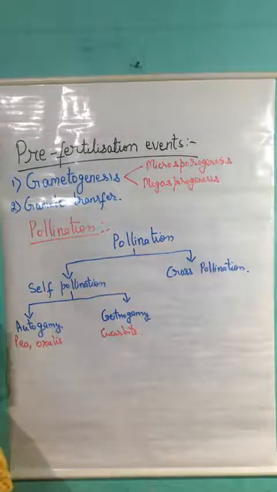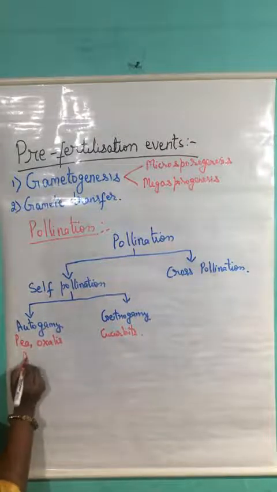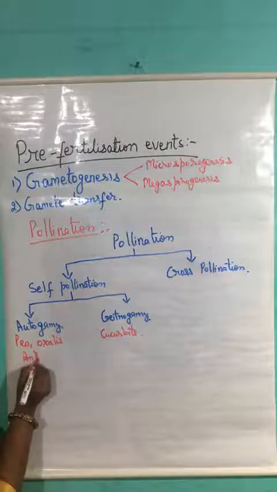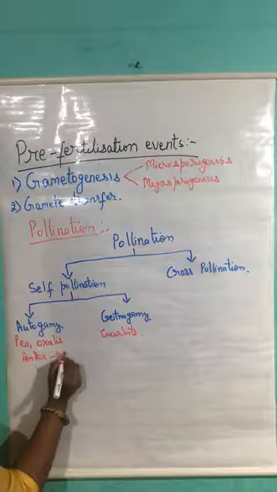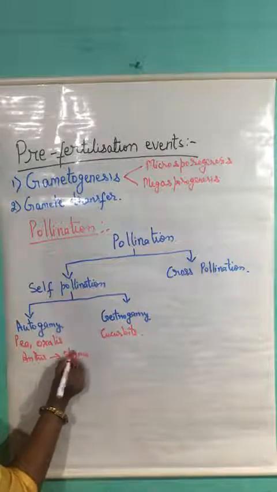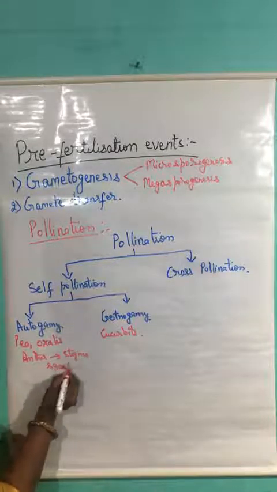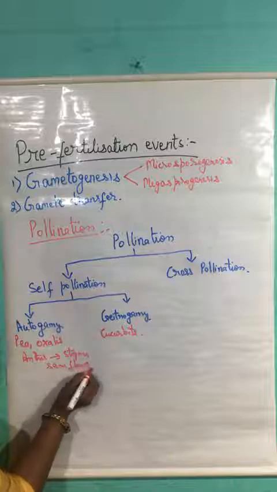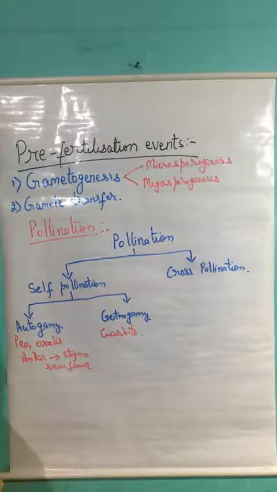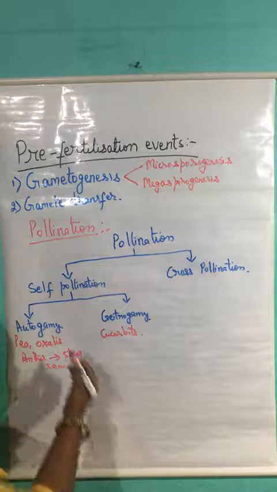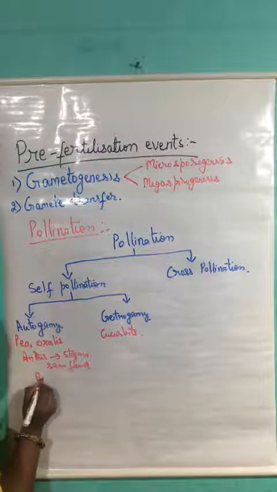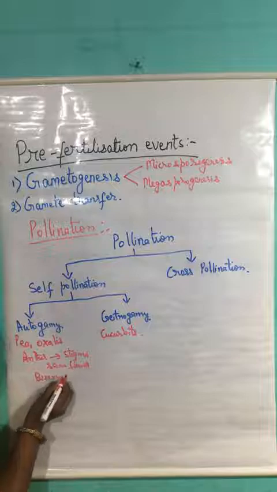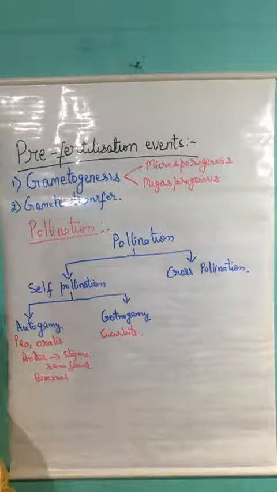In autogamy, the pollen grains are transferred from the anther of the same flower to the stigma of the same flower. So the anther and the stigma remain together. That means these types of flowers are bisexual flowers.